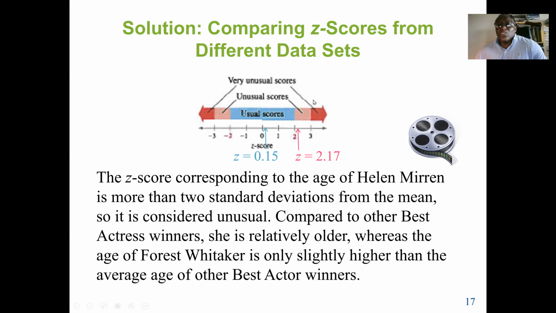So now, comparing z-scores from different data sets, they said the z-score corresponding to the age of Helen Mirren is more than 2 standard deviations from the mean, so it is considered unusual. Compared to other best actress winners, she is relatively older, whereas the age of Forest Whitaker is only slightly higher than the average age of other best actors.